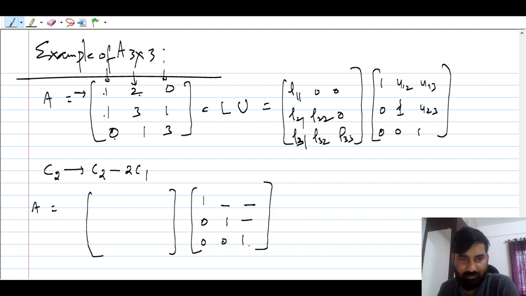Okay, remember. How will this come, from the C2 operation. So your first column is going to be same, 1 1 0, right? 1 1 0 is going to be same. Now you subtract by multiplying, so it becomes 0, it is 1, and this 1 will remain. Okay. I think this is clear, right? I think this is clear.